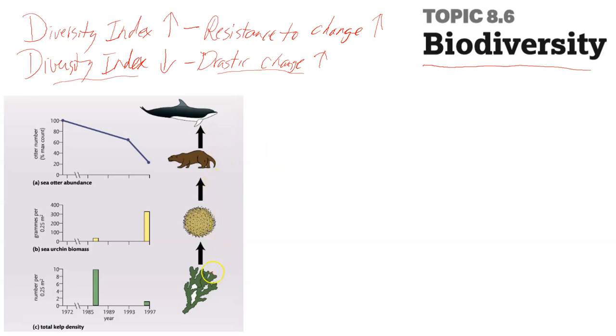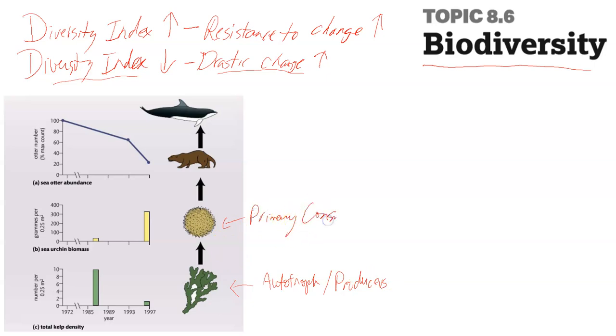All right, let's go ahead and take a look at this kind of classic example here. I want to talk a little bit about keystone species. You have this food chain here. Obviously, at the bottom, you have our autotroph, producer level. This is kelp. These little sea urchins here are our primary consumer, and this is review as well.